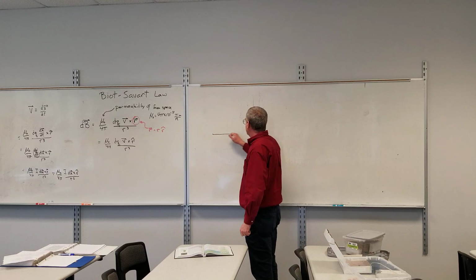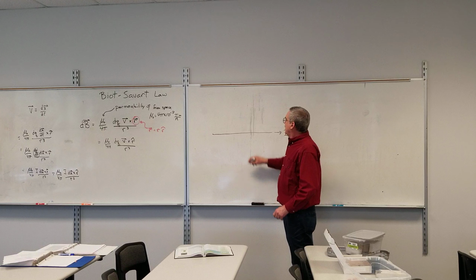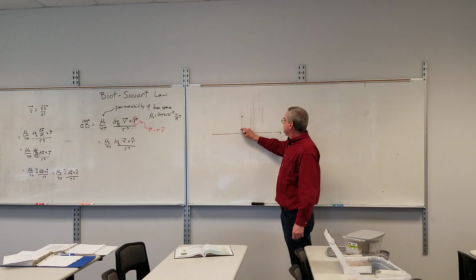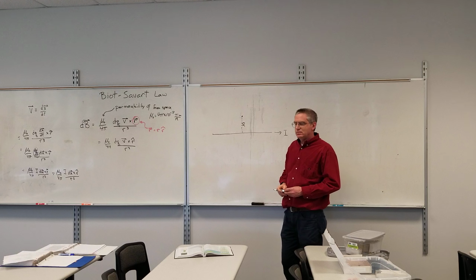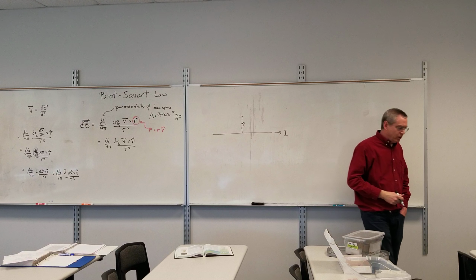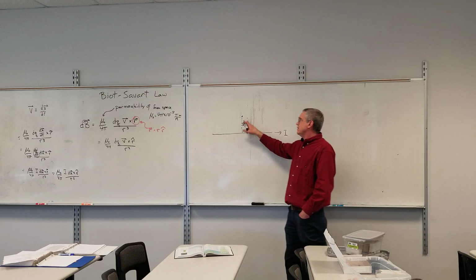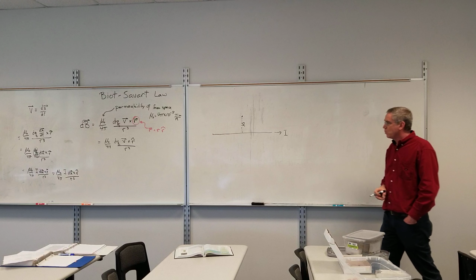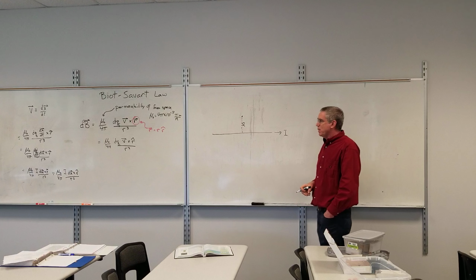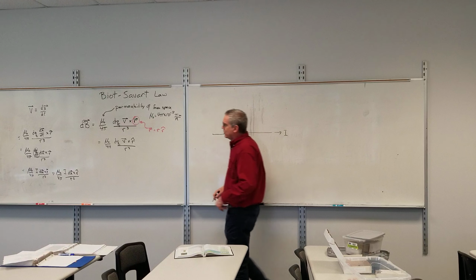I'm gonna have a current floating off to the right, some current I. I'm gonna make this distance here big R. I want to figure out, if I have a current going off to the right, as I've drawn on the diagram, what is the magnetic field at a point that is a distance R away? Well, as with any of these problems, I'm going to be using one of the current formulas, this form right here.